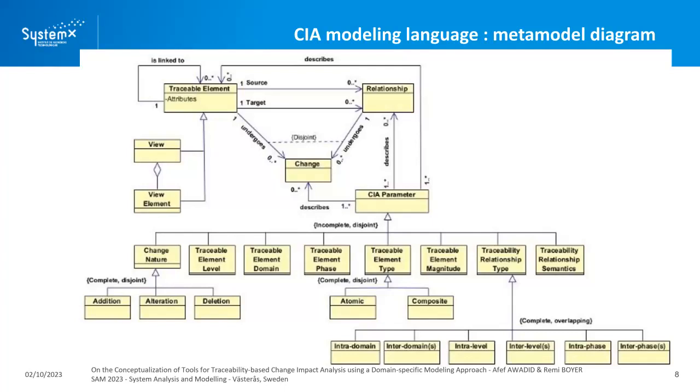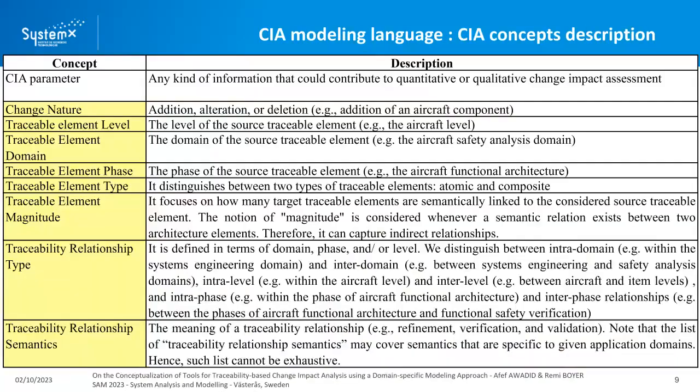Traceable element, it's the bag with all the stuff. And here we have the payload. So CIA parameter, any kind of information that could contribute to quantitative or qualitative change impact assessment. In the yellow, we have more details about this parameter.